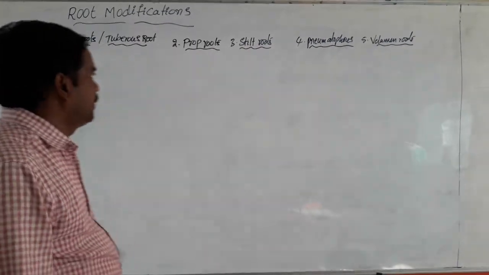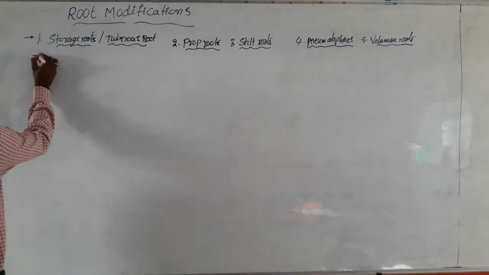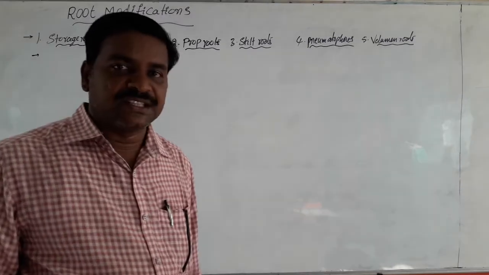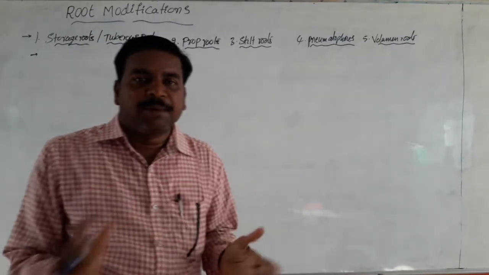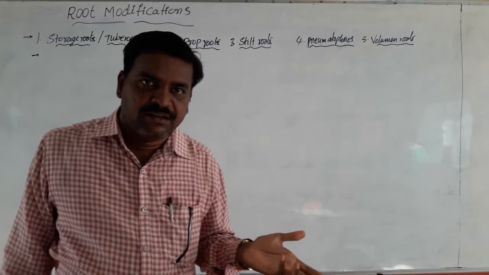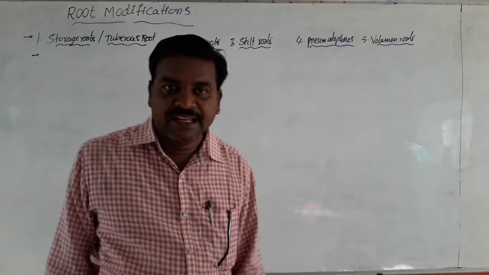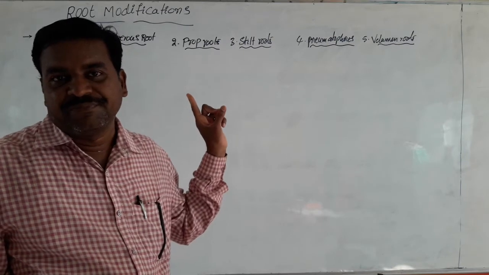Now coming one by one, this is storage roots. Students, plants produce food materials by photosynthesis, and some amount of food material is consumed for immediate requirements. The remaining excess amount of food material is stored inside the root system.